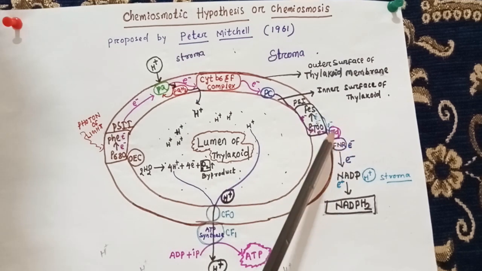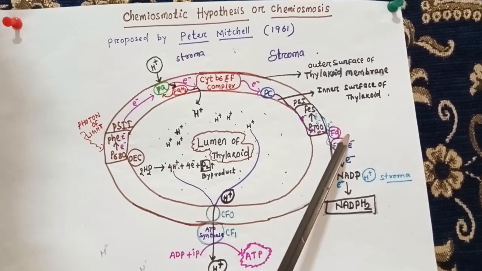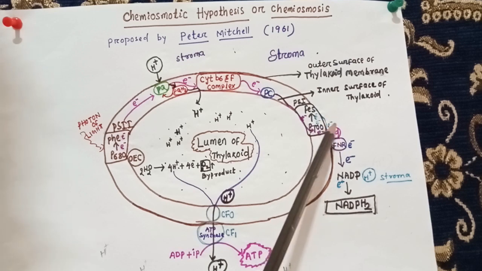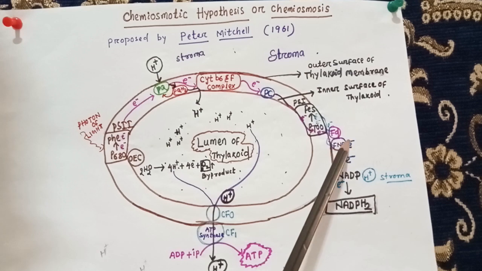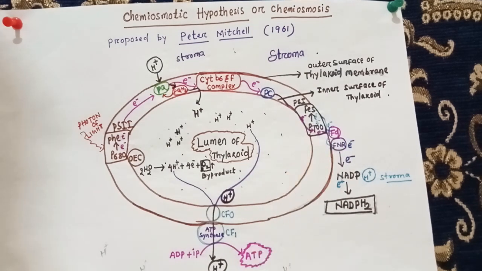Okay, and from the ferredoxin, the electron is accepted by FNR, that is the ferredoxin NADP reductase enzyme. And from the FNR, finally the electron is accepted by NADP, which is present in the stroma.